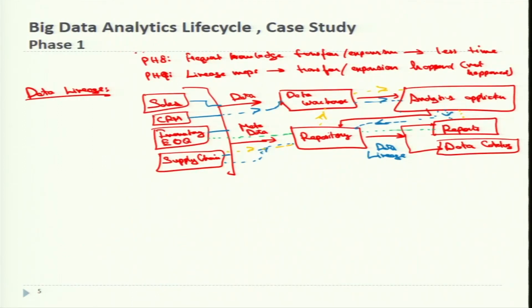Then these were for the future, that means they were predictive, to suggest to the executive management whether it should be making investments in the future or not. These analytics or hypotheses were designed in phase 1.